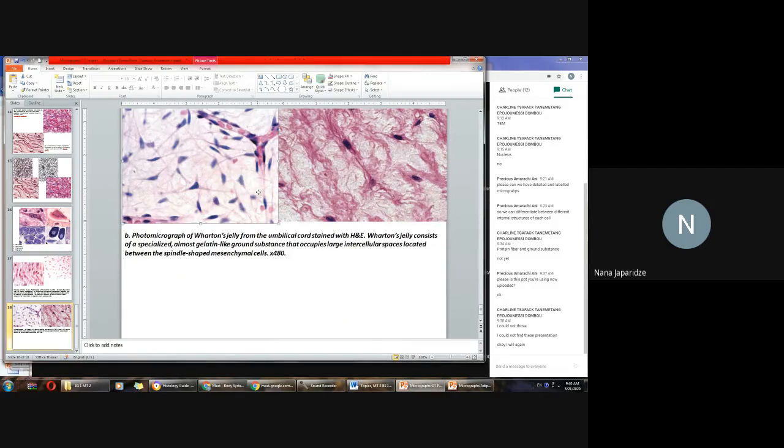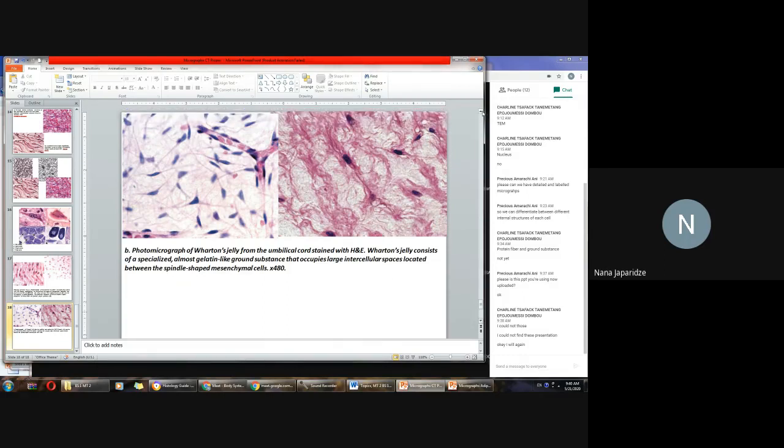The same is here in the mucous tissue. Mucous tissue is actually tissue which fills the umbilical cord. It is represented in the umbilical cord and also in the tooth pulp in adults. So this is actually mesenchymal-like tissue too.